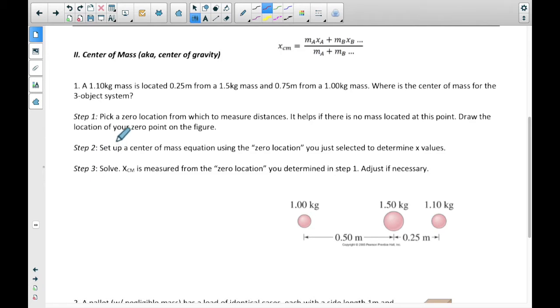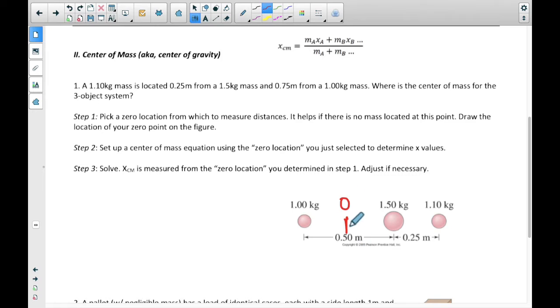First of all, we're going to pick a 0 location from which to measure the distances. It helps if there is no mass located at this point. Draw the location of your 0 point on the figure. So we want to pick a place where there is no mass. We might also want to pick a place that's easy to do mathematically. So maybe I'll pick this as my 0 point.